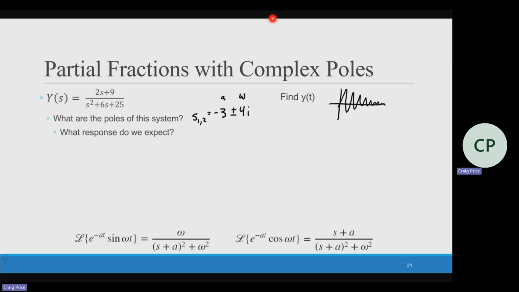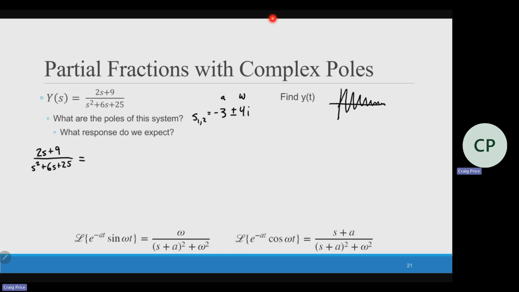So how do we solve this? Again, the number of partial fractions should equal the number of roots. How many roots do we have? It is 2, because it's a plus or minus. So I have my 2s plus 9 over s squared plus 6s plus 25. We're going to have 2 roots that we're going to set up.